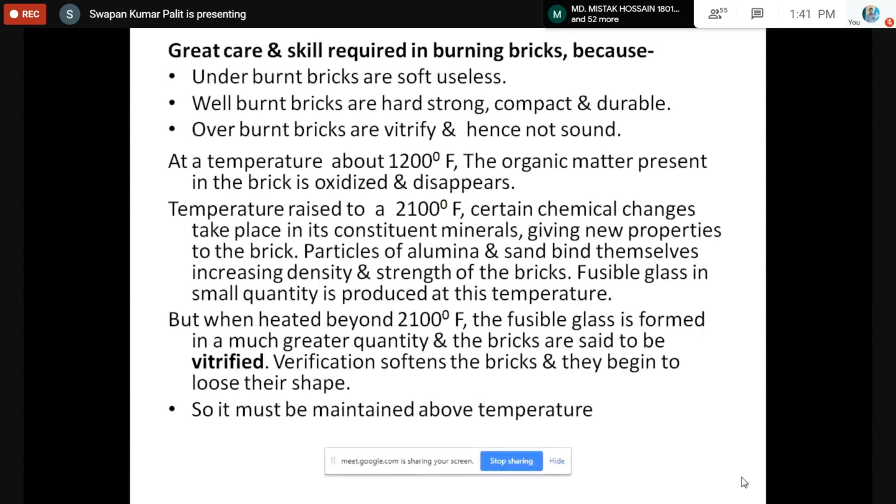Okay, brick burning, these are the theoretical concept steps we have discussed. Now, how can brick be burned? There needs to be a kiln, K-I-L-N.